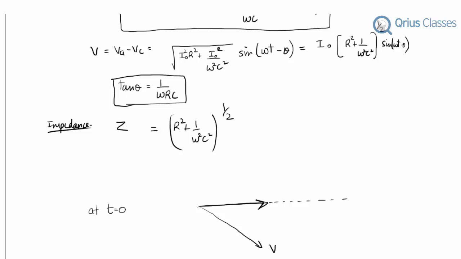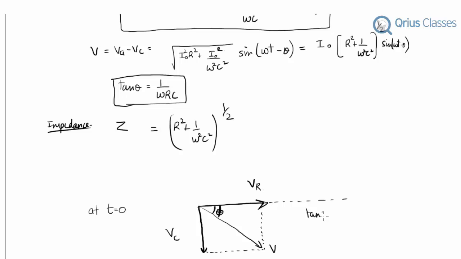So we can write that this is V across R, this is V across C, and at any given time it lags behind by pi by 2, and the summation of these two vectors will give us the V of the circuit. If this is angle theta, we can say this is phi, since we have already taken theta.